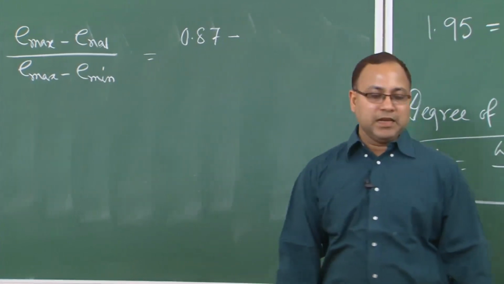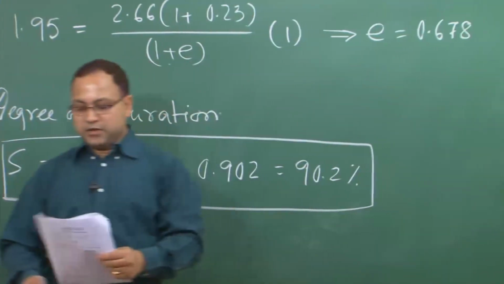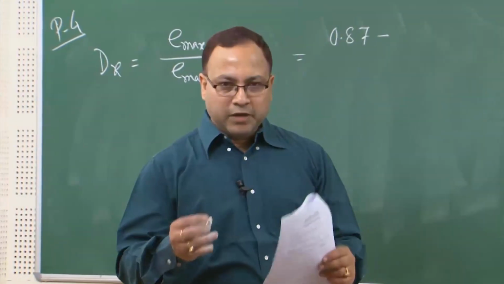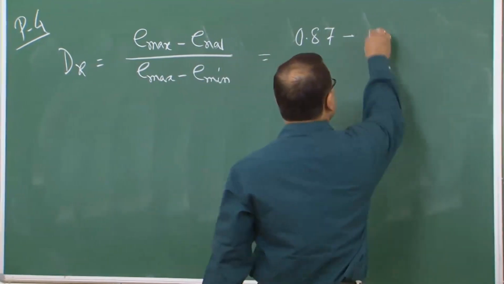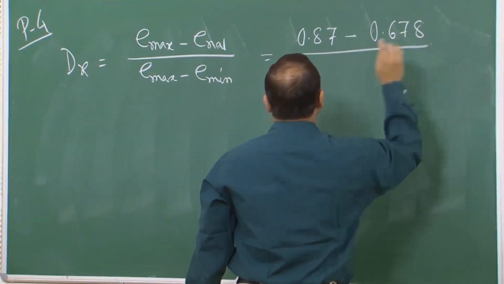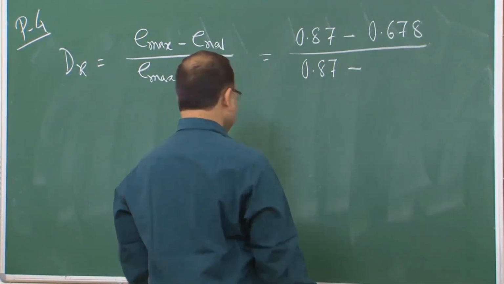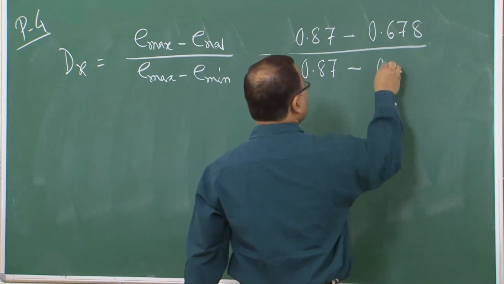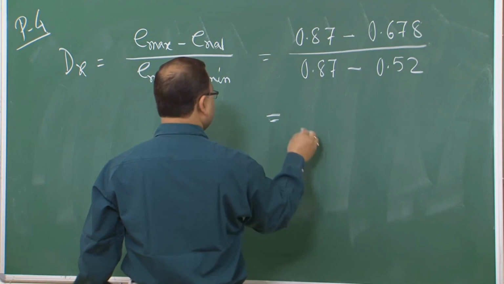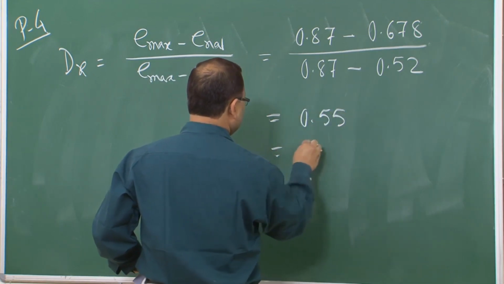What is the magnitude of e natural? It is nothing but the value you have just got, the void ratio in the field condition, 0.678, divided by 0.87 minus e min, which is also given in the problem, 0.52. If you calculate the value, it comes to 55%.